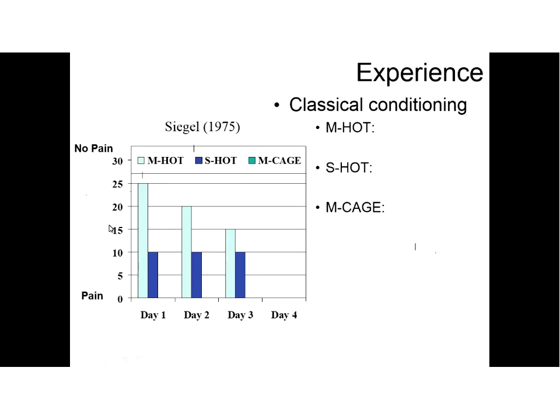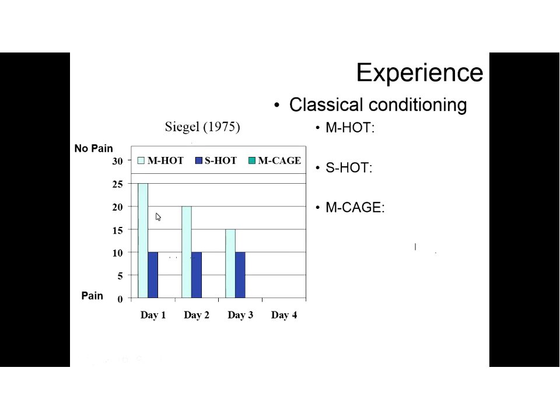What we see for these two groups is that the group that doesn't receive morphine, they receive saline, shows a very consistent time to lick their paws across days. The saline hot plate group, these dark blue bars, are really not changing their latency to lick their paws.